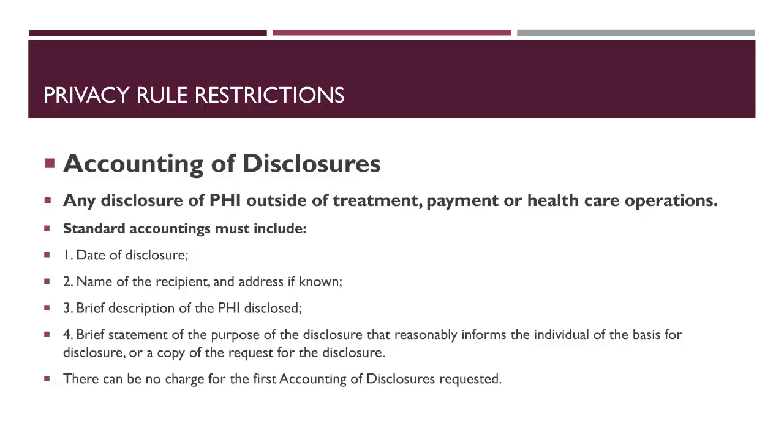Now, more than likely, you will not have any accounting of disclosures and would have to state that to the patient. But it is important, if you have a breach of patient information, you must document the date of the disclosure, the name of the recipient if known, a brief description of the PHI that was disclosed, and the purpose of that disclosure. You are not allowed to charge for the first accounting of disclosures request per year.